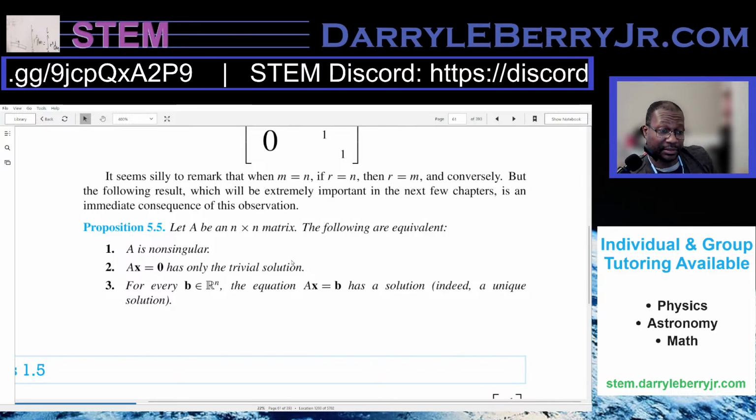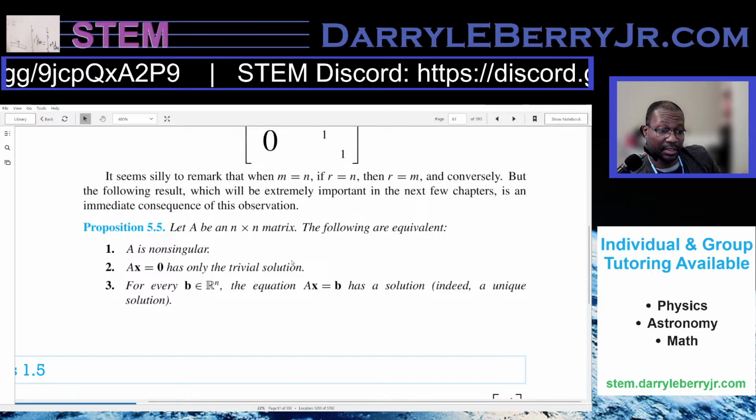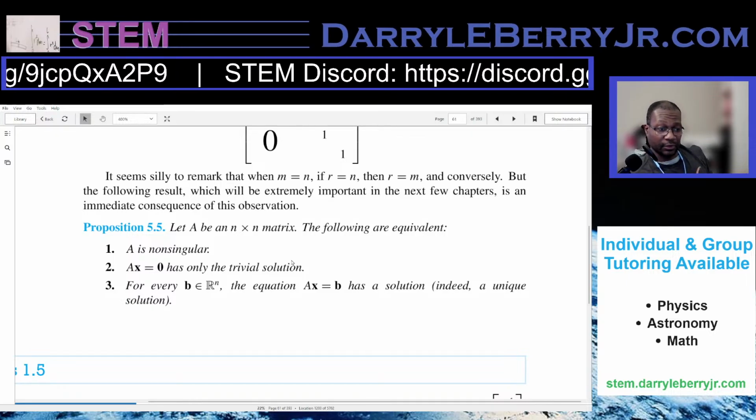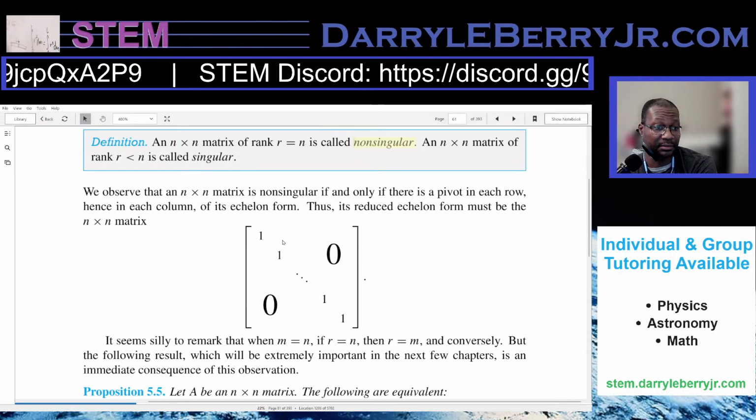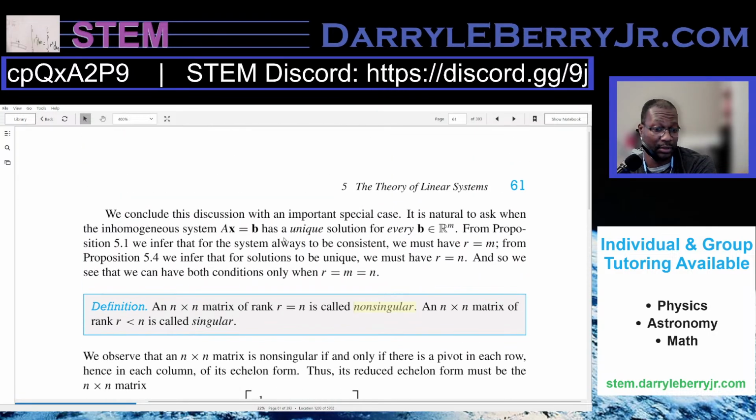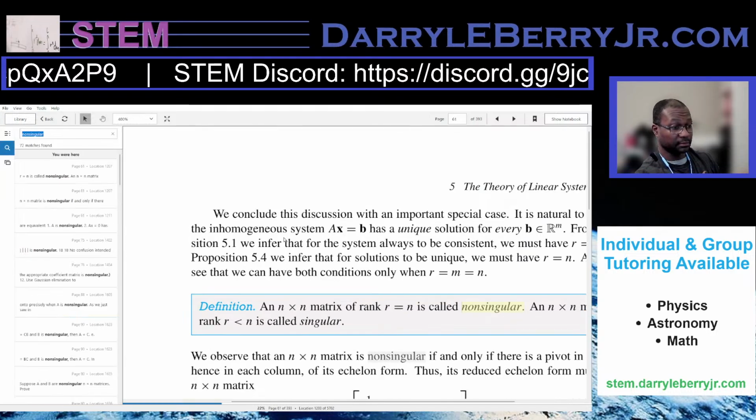So every b has a unique solution because the rank spans the full matrix. Let's specify rank again.